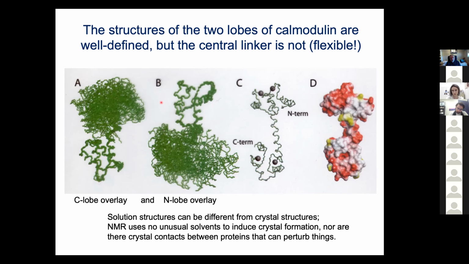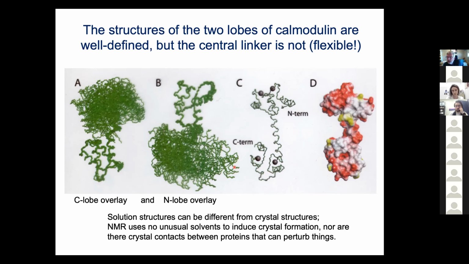If you overlay the N-terminus, of course, when this is flexible here in the middle, the C-terminus can take up whatever position it wants. So it is what I said earlier. You have two well-defined domains or lobes of the protein, indicated by my two fists, but how they are oriented with respect to each other in solution is not fixed, and so it can go wherever it wants.